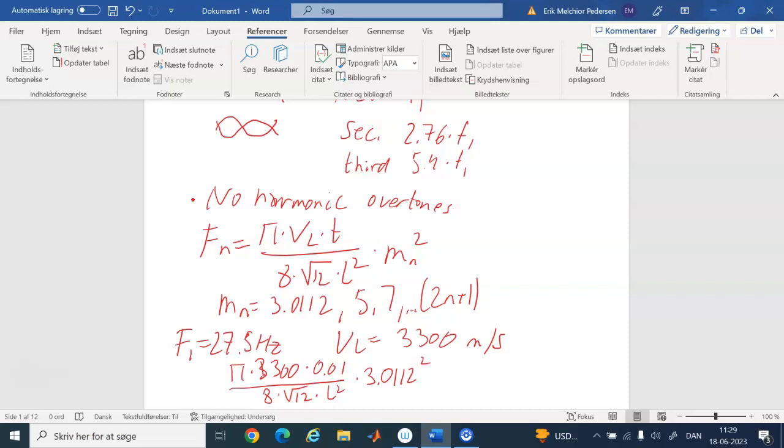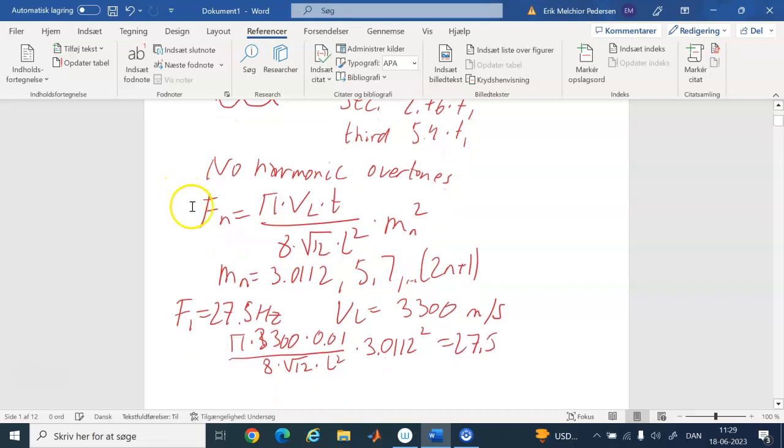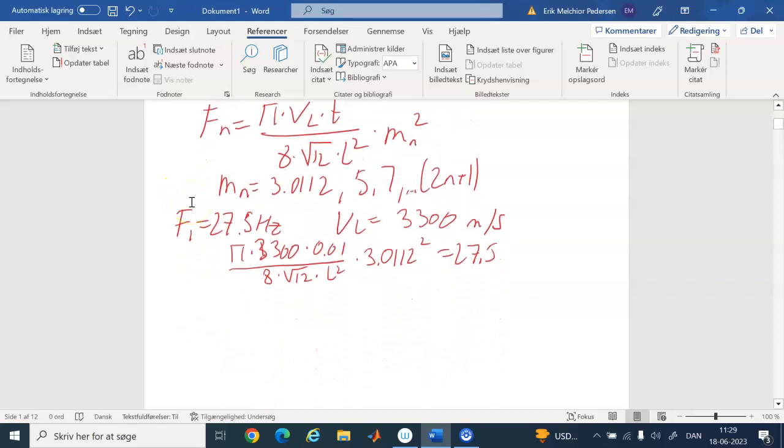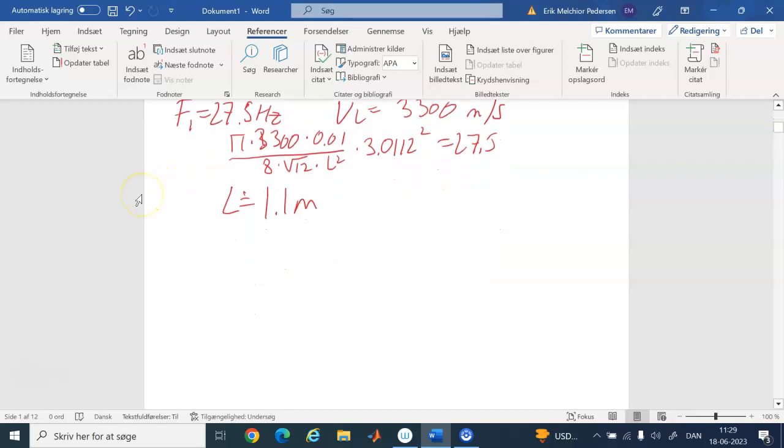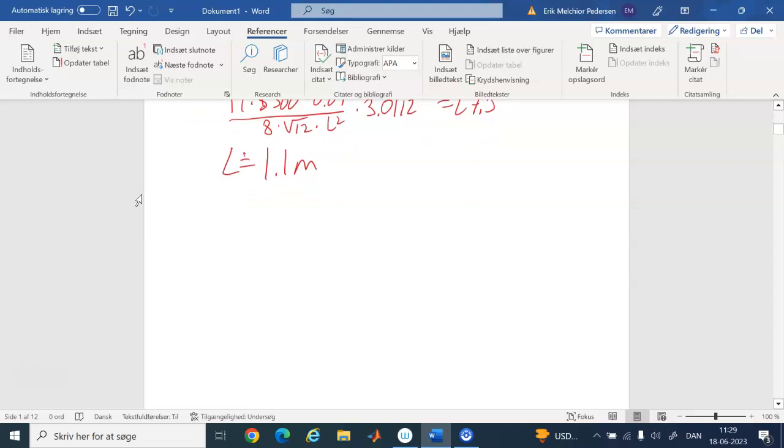This should be 75.5, and we can calculate L. You can do it by computer or by hand, and L should be 1.1 meter.